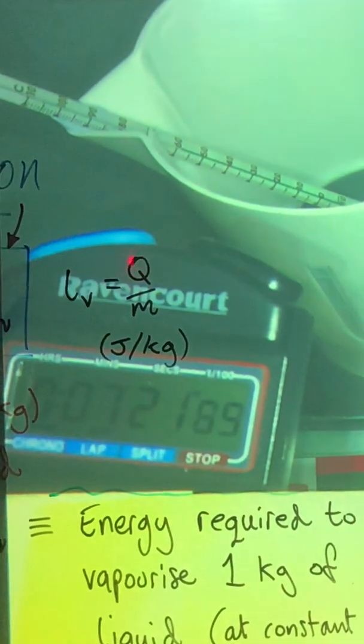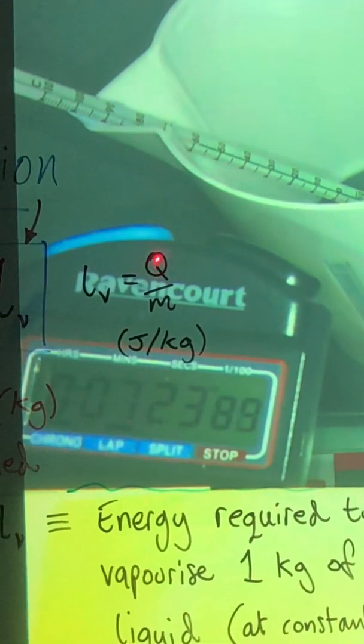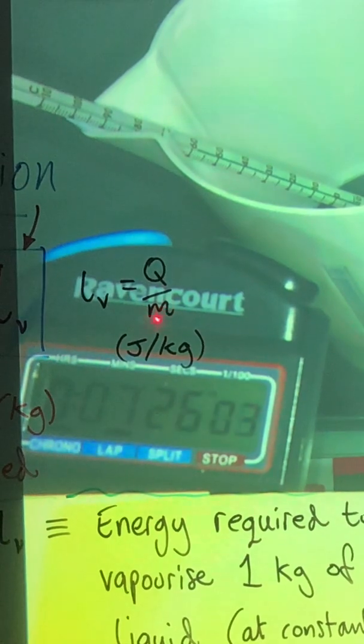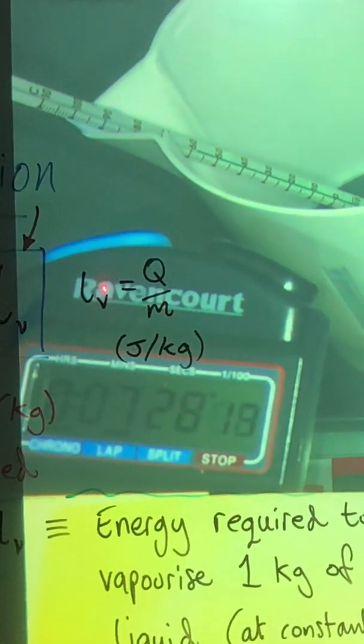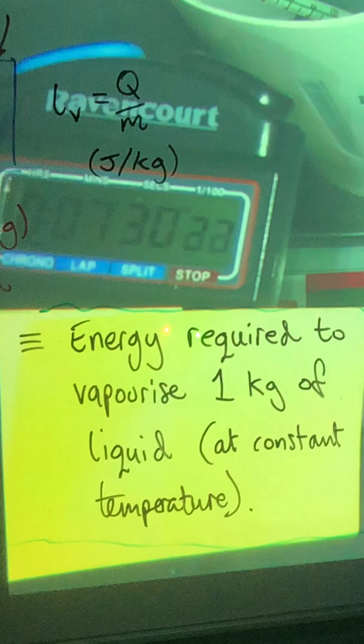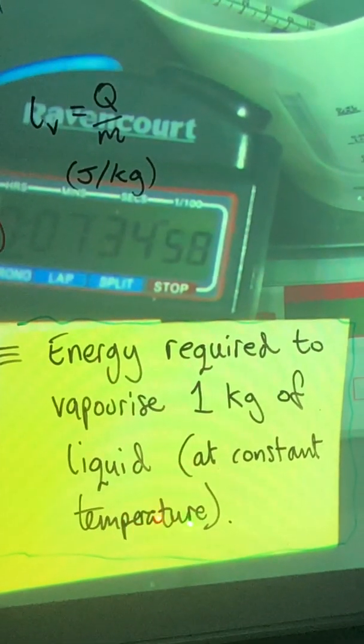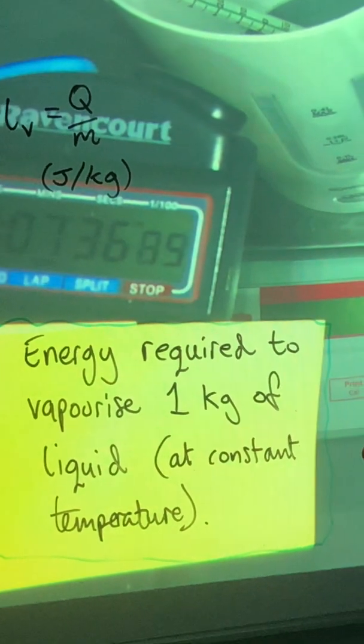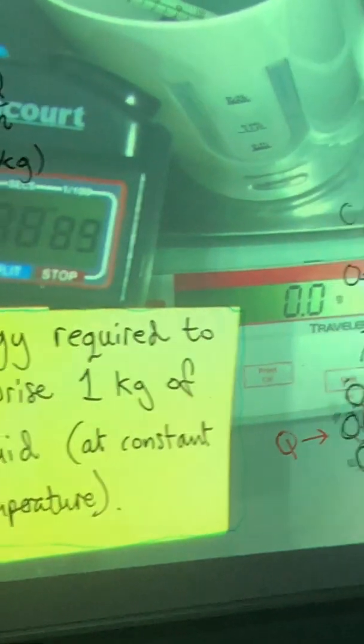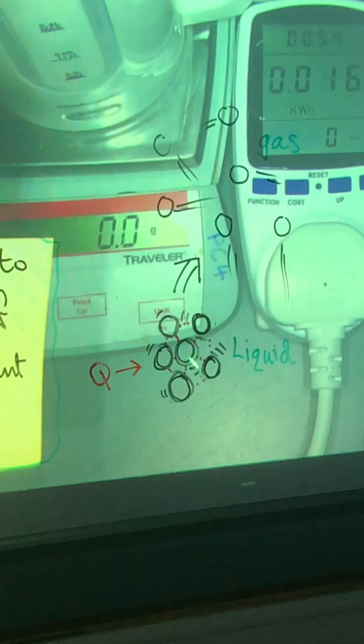LV is the heat energy input per unit mass. So in other words, the energy required to vaporize 1 kilogram of liquid at constant temperature is the specific latent heat of vaporization.